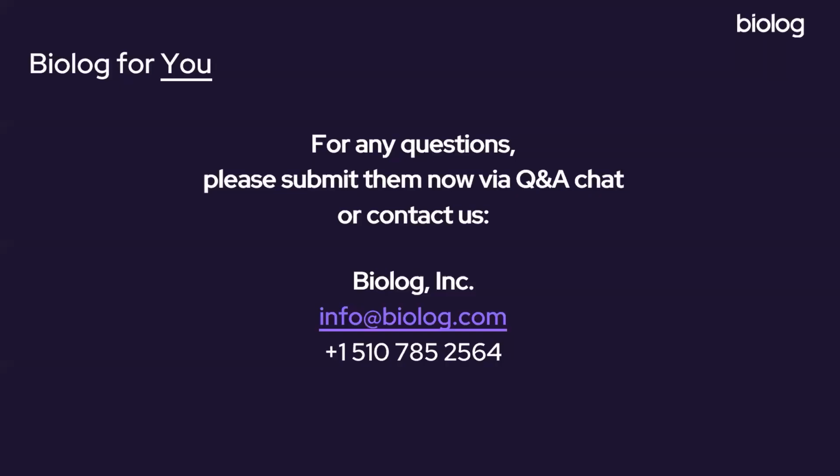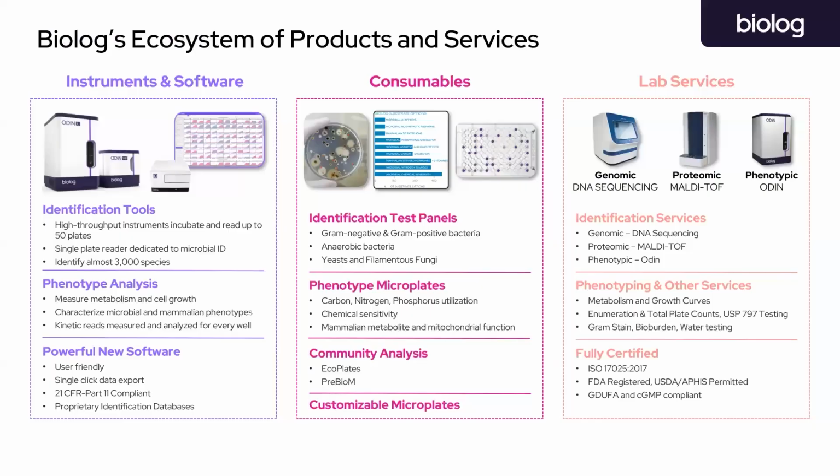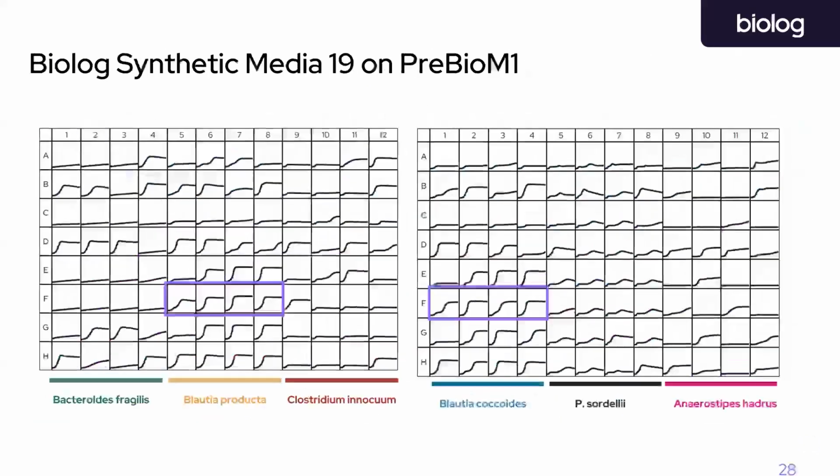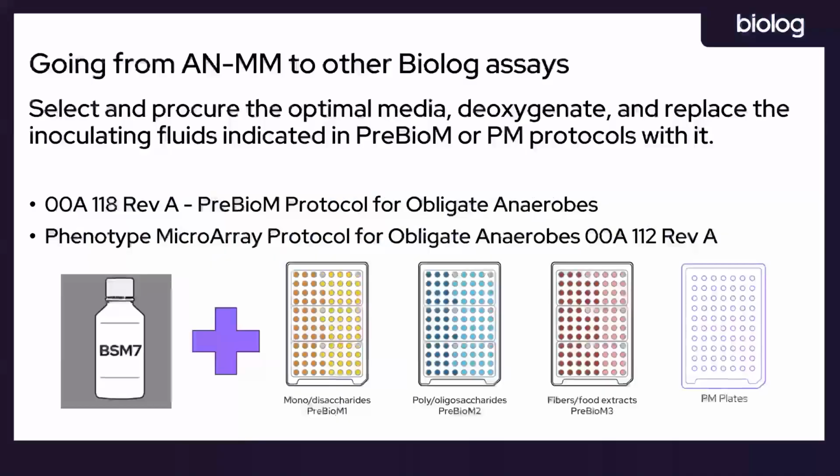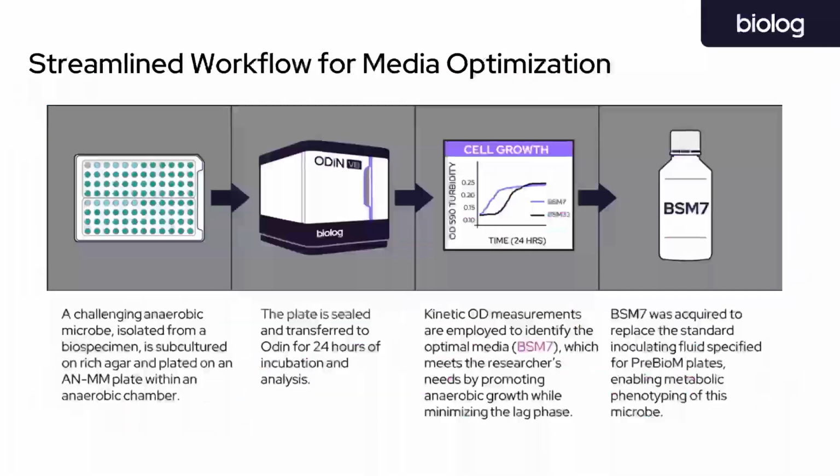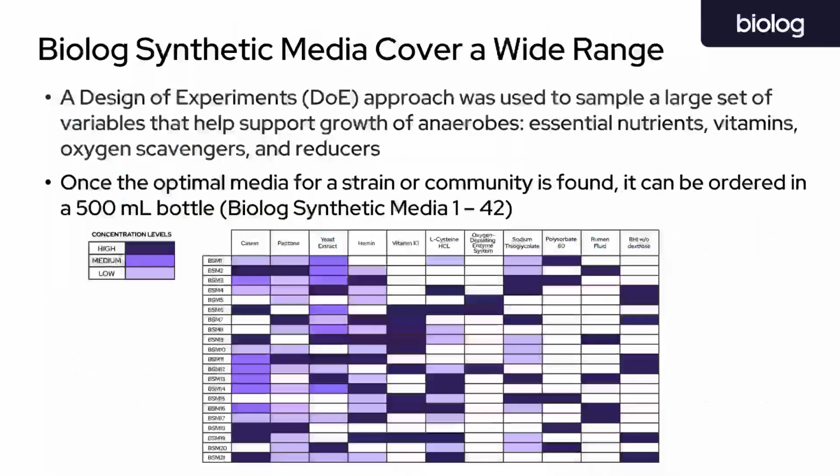Some of the questions that we had: are the 42 media chemically defined? Yeah, that's a really good question. Let me jump over to a slide which will help me show that. Here we can see the different components of Biolog synthetic media.